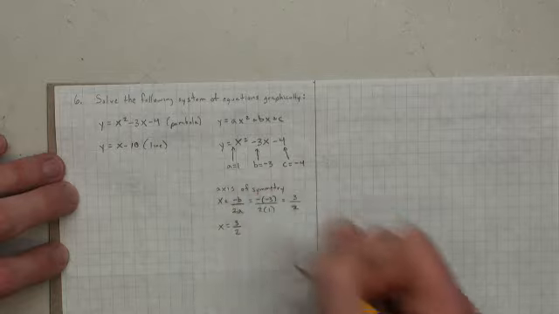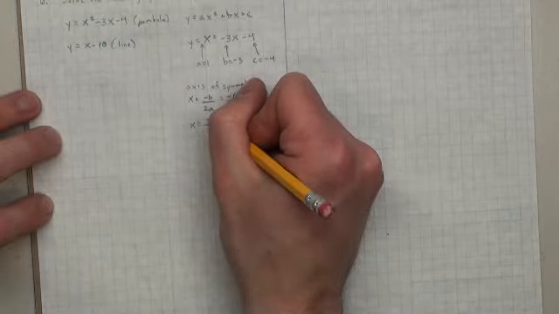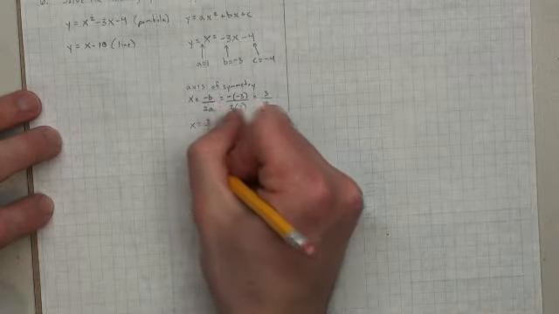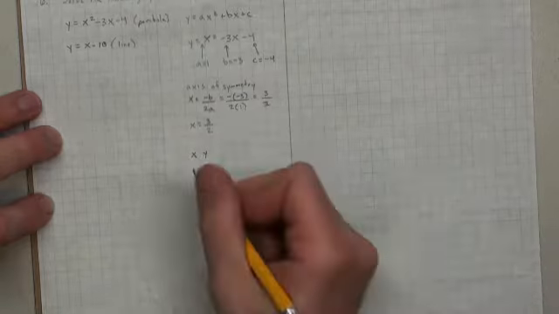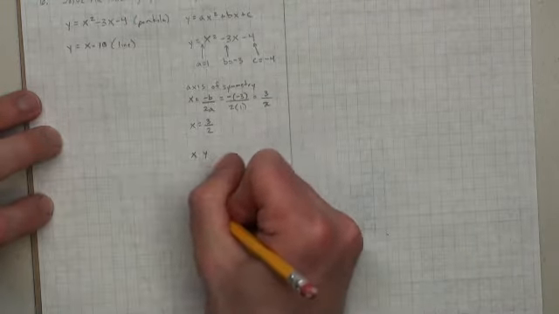X equals 3 halves. Alright. By the way, that's 1.5. So if you want to also put that next to it, you can, but I'm not going to. Alright, so x, y, 1, 2, 3. In the middle we have 3 halves.